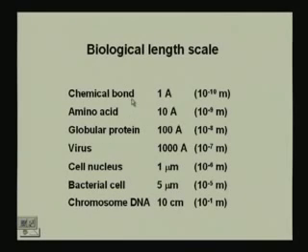And as we go higher and higher, you see how this length scale actually goes on and ends at DNA, which is actually 10 centimeters, which is pretty long if you look at it from a protein point of view. Considering that you have a globular protein that is still in the angstrom realm, where you have it in the order of 100 angstroms, we have a chromosome DNA that is around 10 centimeters.